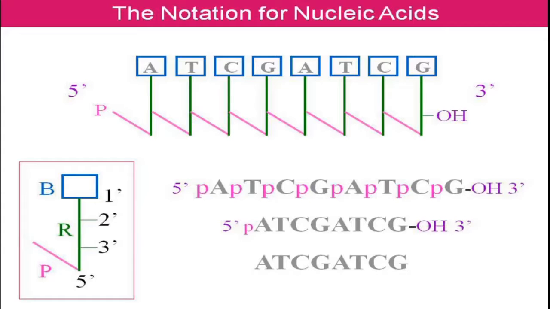Now the notation used in nucleic acids: a nucleic acid has two ends. One is the 5' end, which is also called the dead end, because no new nucleotide molecule is added from this end, but it is added from the other end, called the 3' position, where the free hydroxyl group is there.